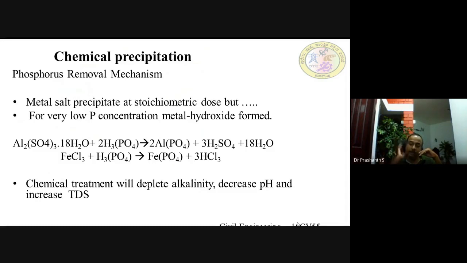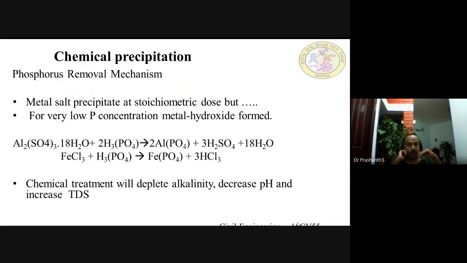And as I said, when the precipitate settles down, the volume of the precipitate will be very high, and if we use chemical precipitation for the removal of phosphates, understand, we are going to end up with a lot of sludge, which is really difficult to dispose.